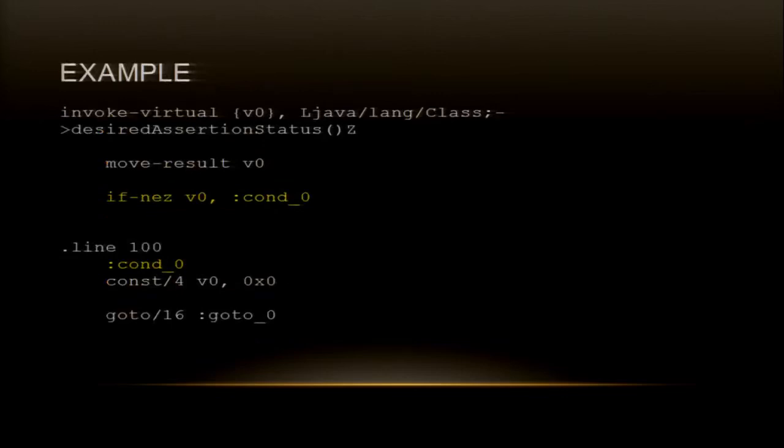It's calling this virtual method, and then it's moving that result into v0. And then it's performing an if non-zero jump. So if this code is a 1, then it jumps to cond_0, sets it back to 0, and it goes to a goto, whatever that is. So when you're looking through the smali code, this is what you'll see after any move-result or any arithmetic. There'll be an if statement where it goes to jump.